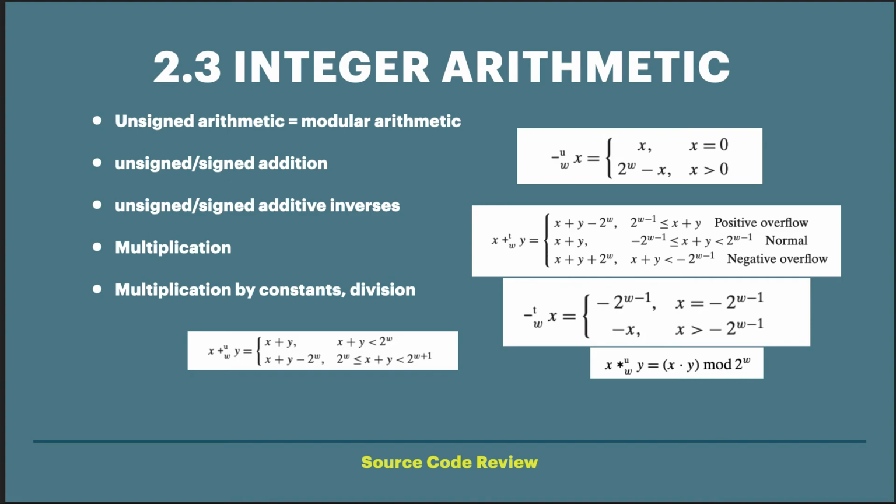So its additive inverse is itself, the smallest negative number. Now, with unsigned, the additive inverse is just the maximum unsigned number it could be within the bit representation, minus the desired number.